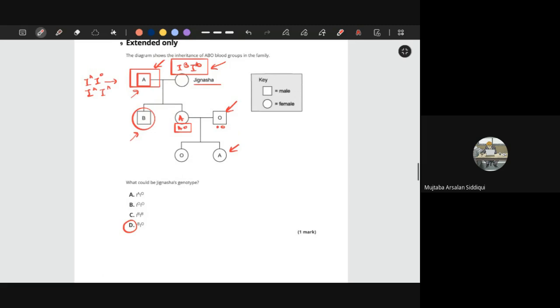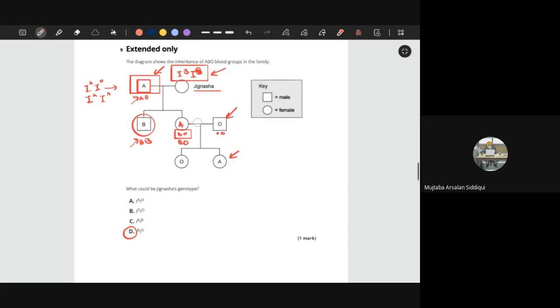Because if this was BB, and this is AO, then this would be either AB or BO. The child would not have A. Make sense? So therefore, he has to be BO.